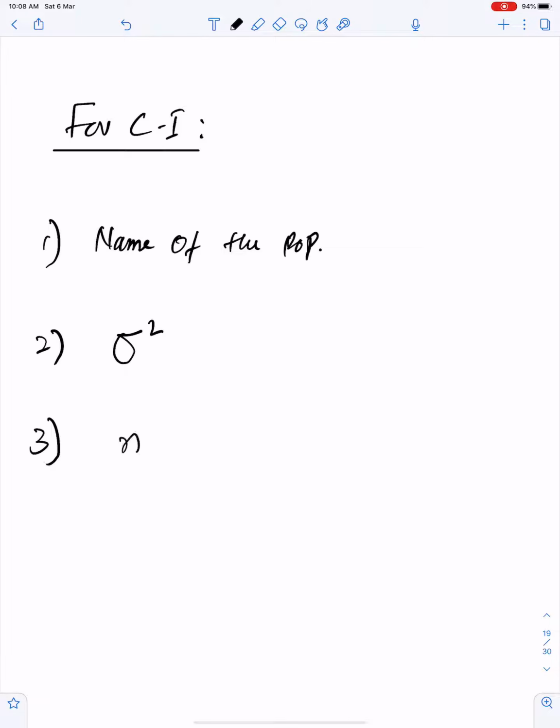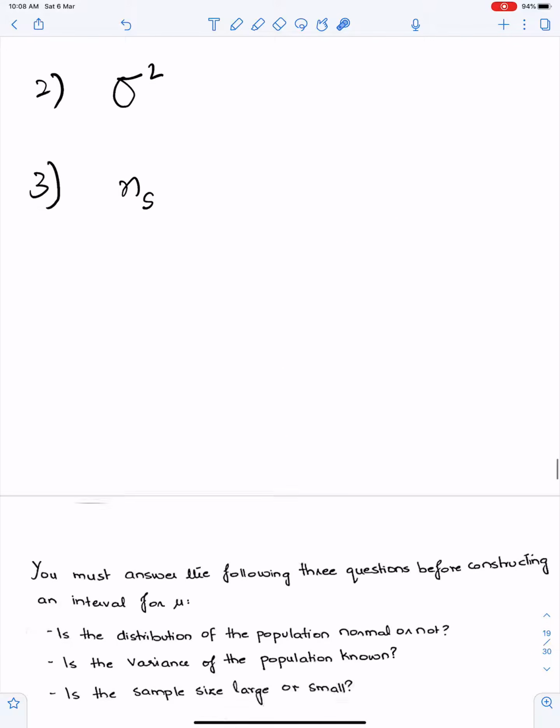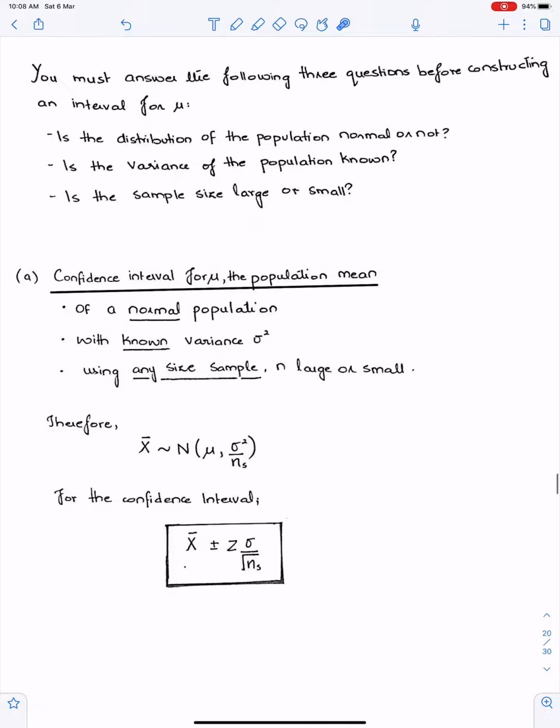And number three, we must know about the sample size, whether it's large or small. And you will find these three things in the question. When you go through the question carefully, you will get all the answers. So before constructing the confidence interval, we must know about name of the population, variance, and sample size. So this is the case one.